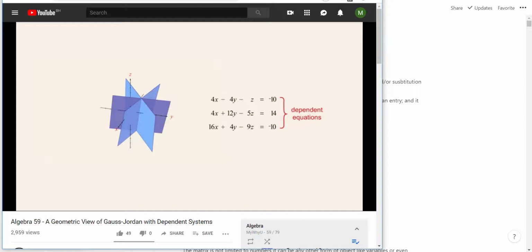Now let's represent this system of equations as a matrix, and see what happens when we transform the matrix to reduced row echelon form. We start the process of Gauss-Jordan elimination by changing the first row's leading entry to a 1, using a scale operation to multiply row 1 by 1/4.